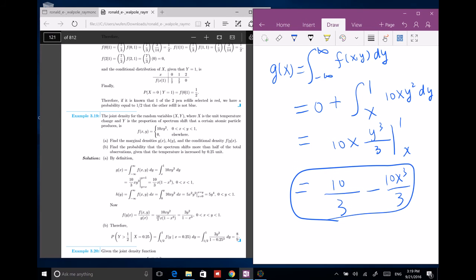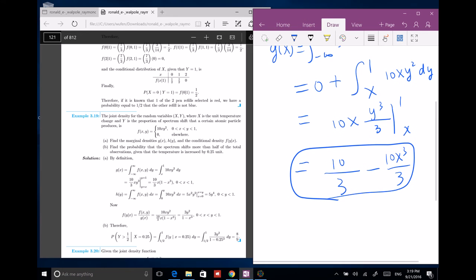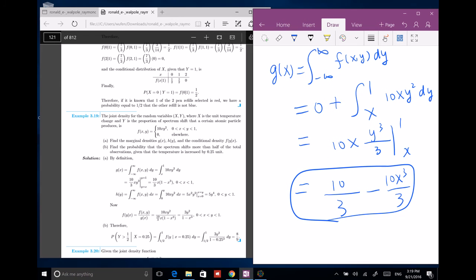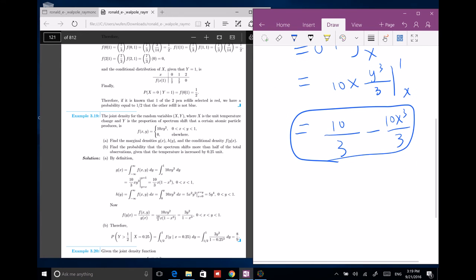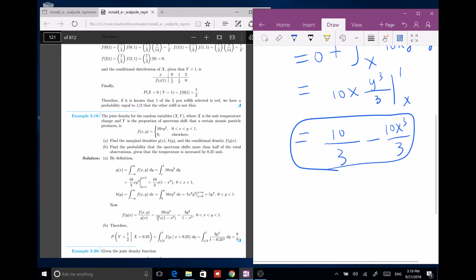In a similar way, you can do the same for y as well. So I'll skip the h(y). It's the same idea, but you just have to pay attention to the boundaries of y. Then the conditional probability: if you find f(y given x), this is going to be the probability of x and y over the marginal function g(x).